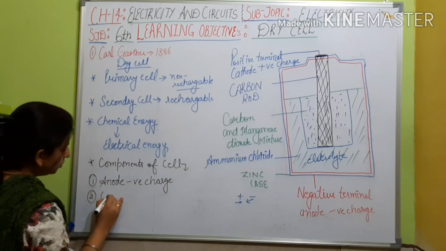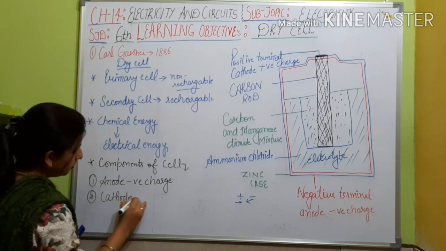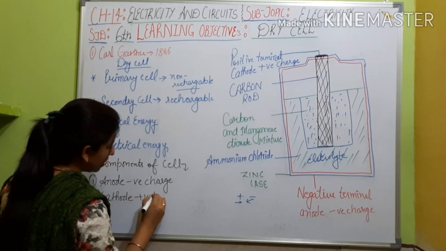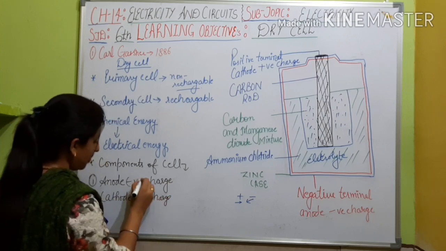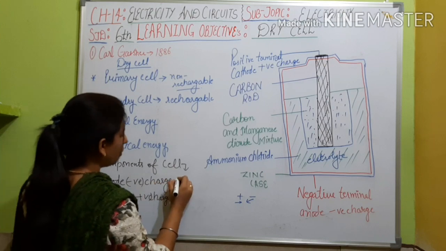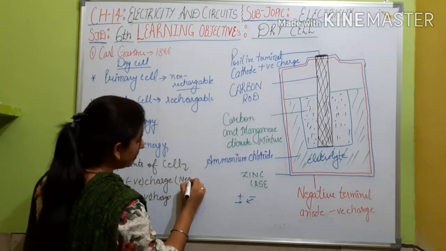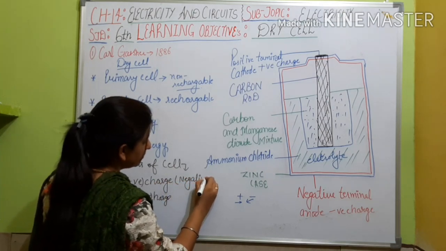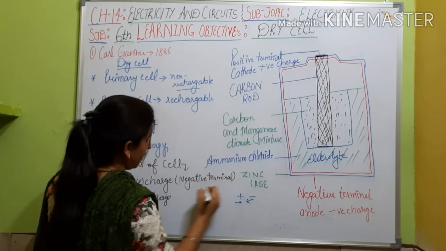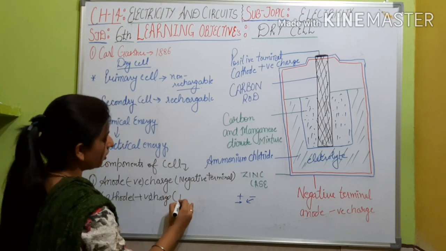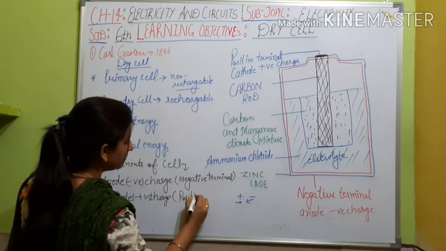Second is the cathode, which has a positive charge. This anode is called the negative terminal, and this cathode is called the positive terminal.